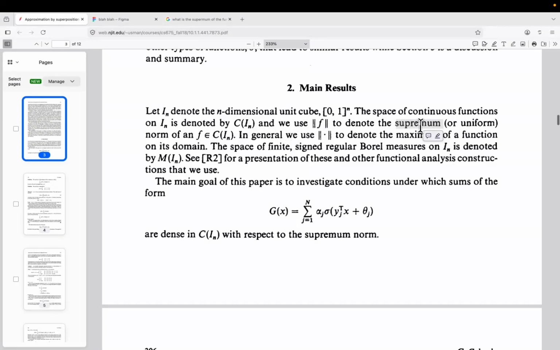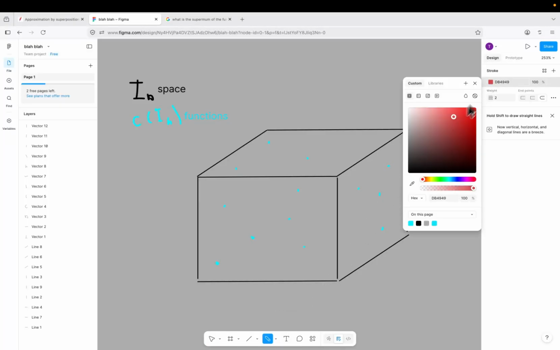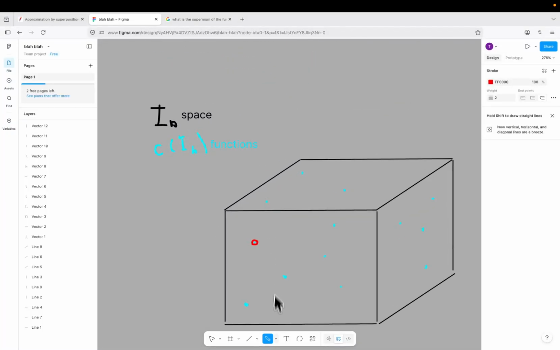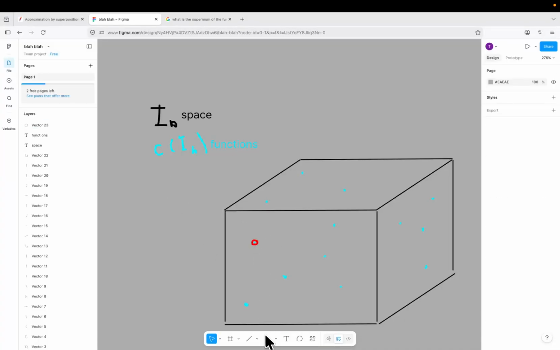So what we're doing is, by this property, we can choose a certain function from our space. For example, this one. And we can find the supremum of it, like that.